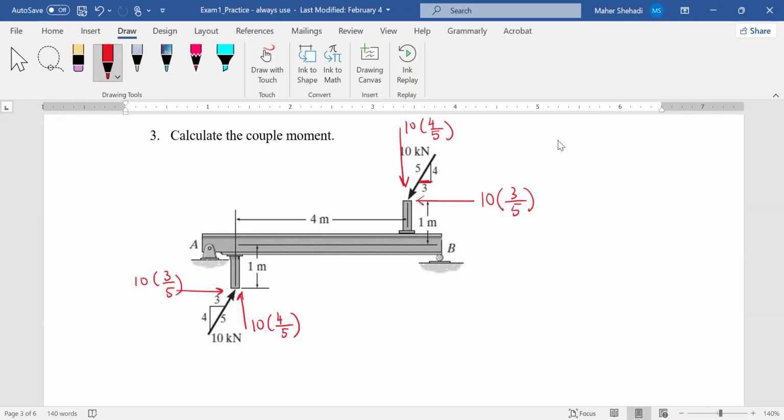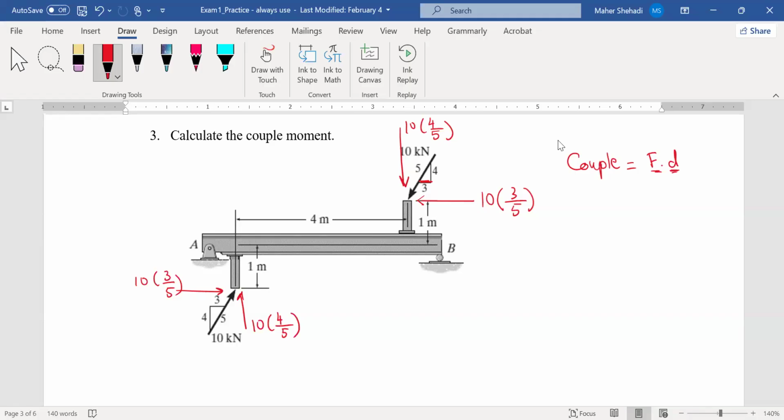So remember, couple is force times distance. So you have to be looking into a common force that meets the criteria for what we call a couple. So it has to be the same force, but in opposite direction.